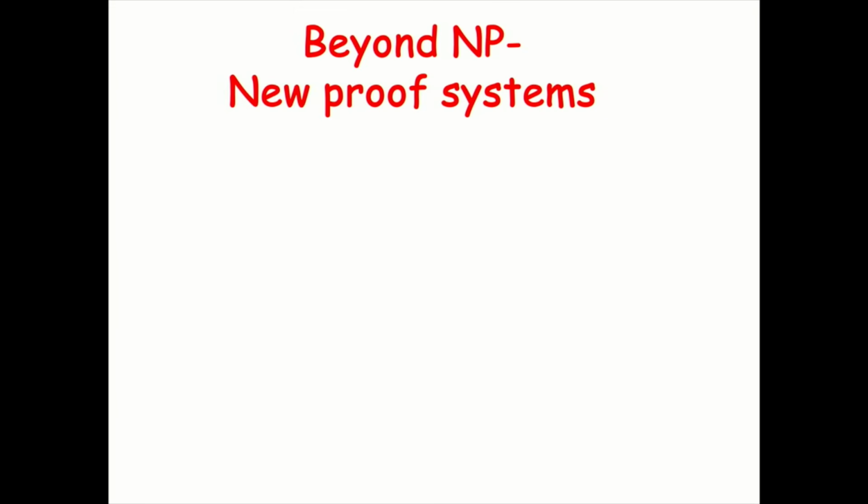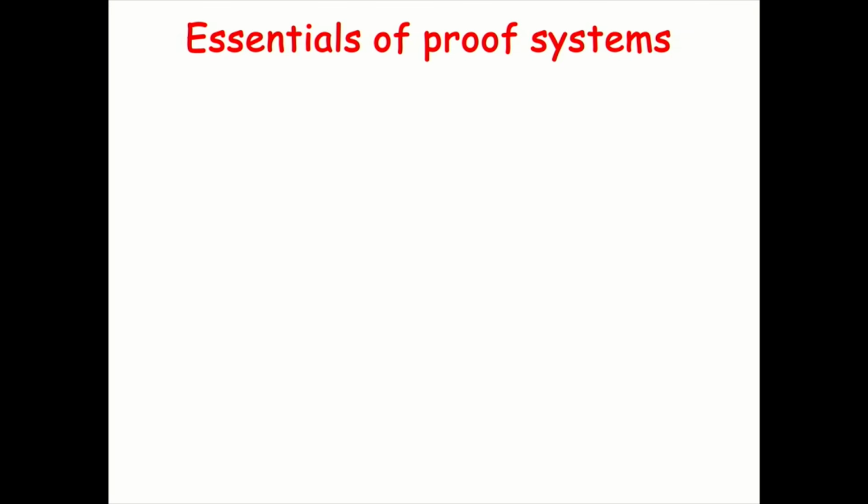Okay. Now I want to talk about a very different and actually beautiful story of the last 30 years or so within complexity theory, and how this field changed by trying to understand NP as proof systems, going to inventing new proof systems. What are proof systems?